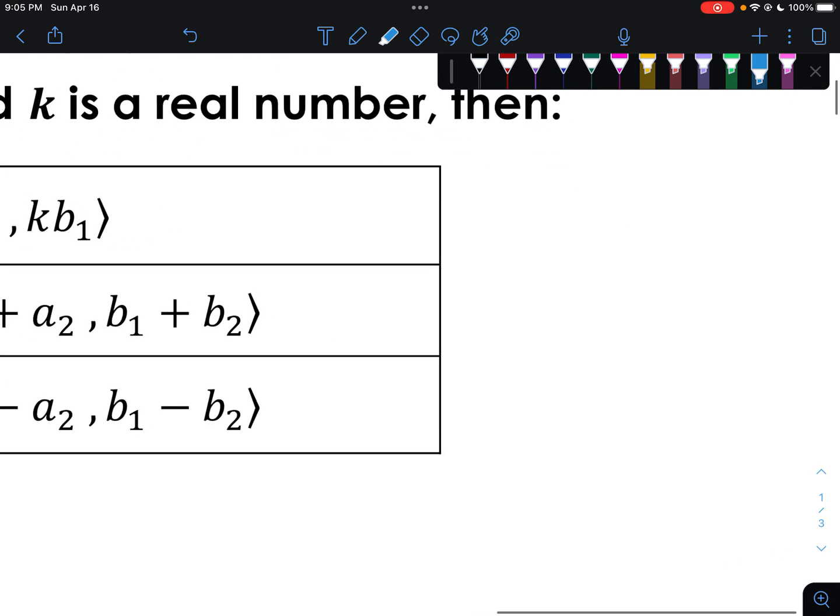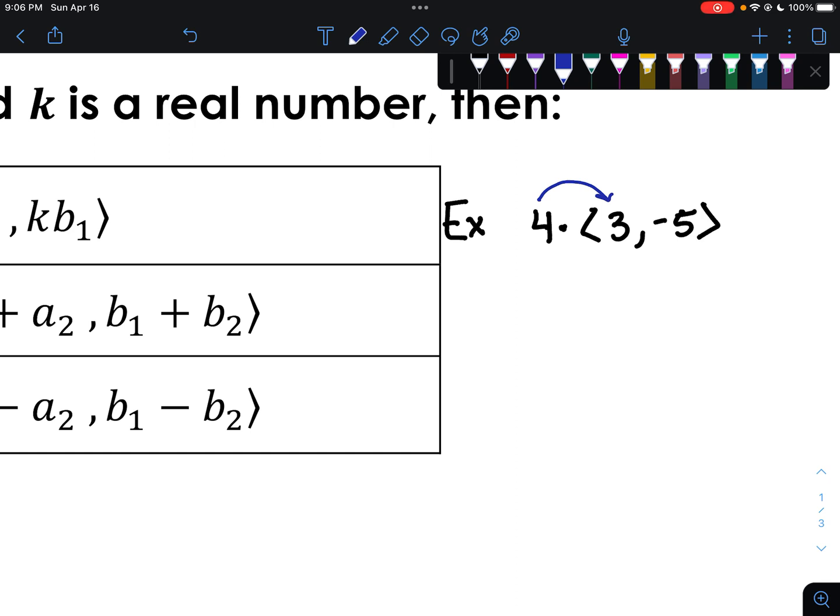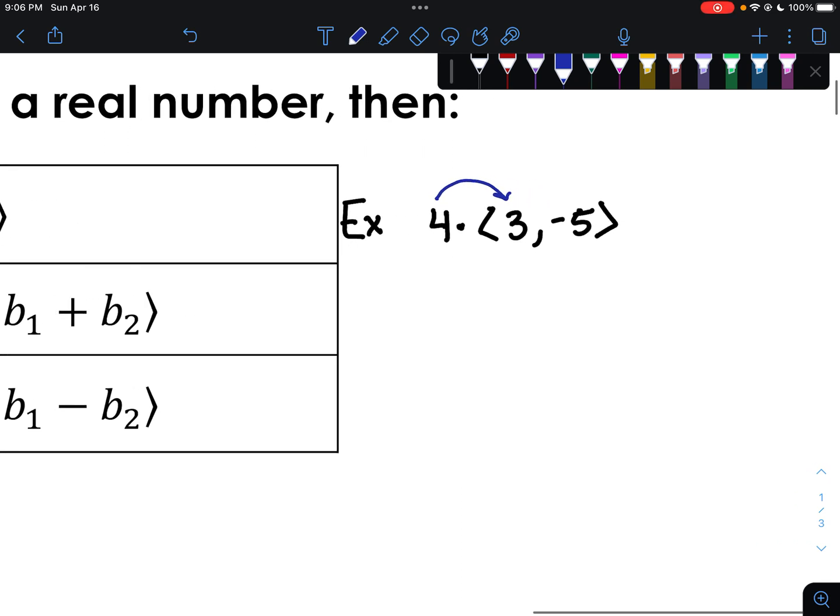So off to the side, if we come up with our own example, if we have 4 times vector 3, -5, all we're going to do is distribute that 4 and do 4 times 3, which is 12.